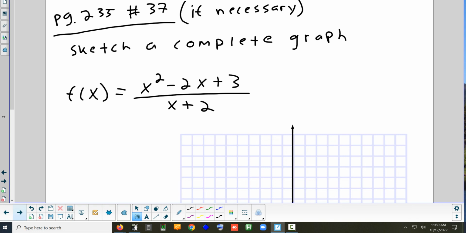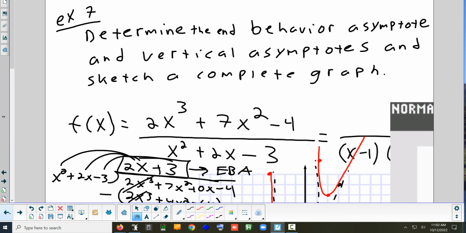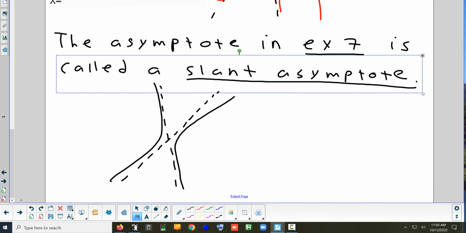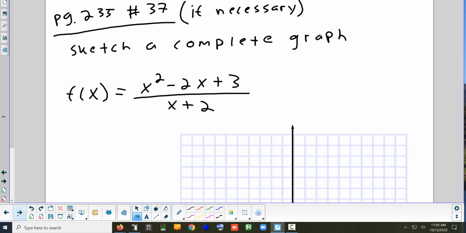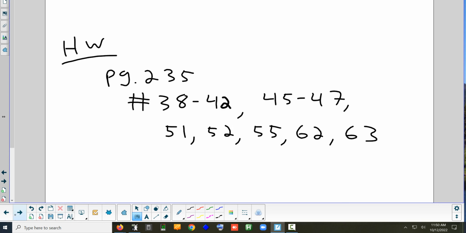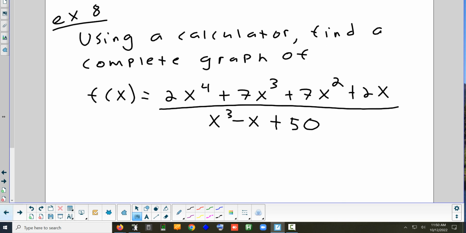And how many vertical asymptotes would you have in this one? Just one. So this example right here is probably going to look something like this. That's basically what that next one would look like.